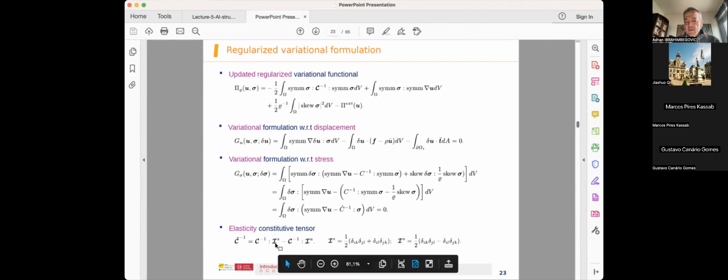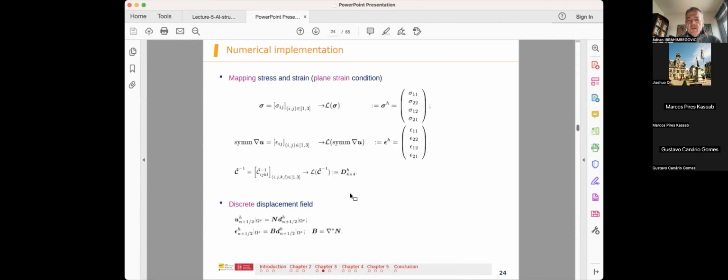So basically, you have this written as C minus 1 ES minus C minus 1 times EA, where ES and EA are the symmetric and skew symmetric parts of a fourth order tensor. So when all is said and done, I have these two equations to treat, the equation for the displacement and the equation for the stresses, and I'm solving them simultaneously in terms of the finite element method.